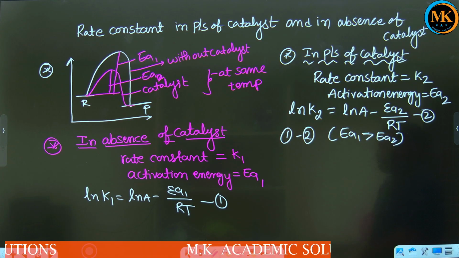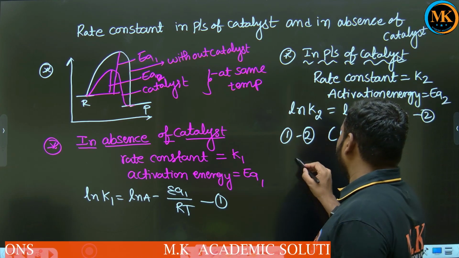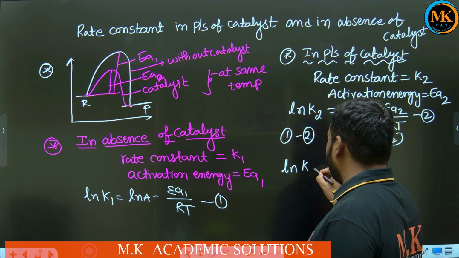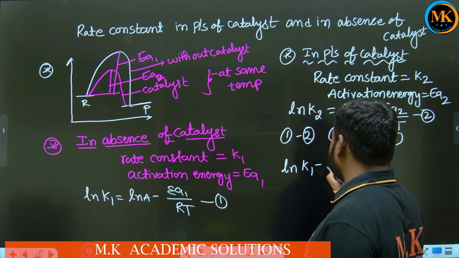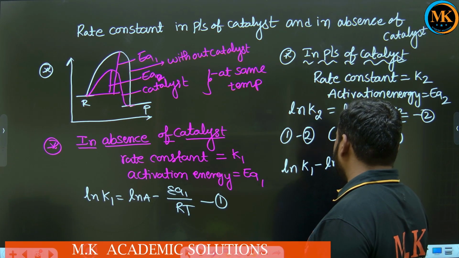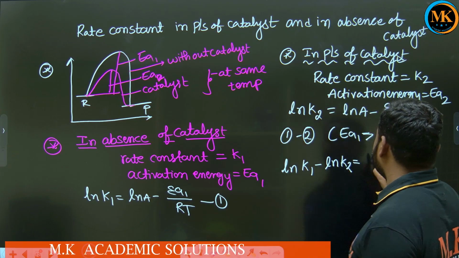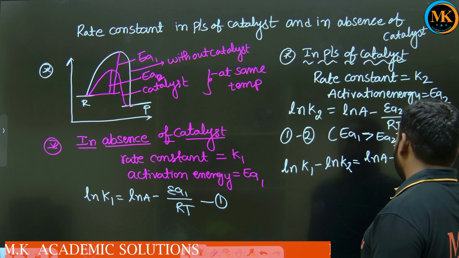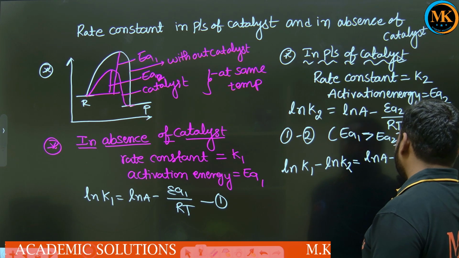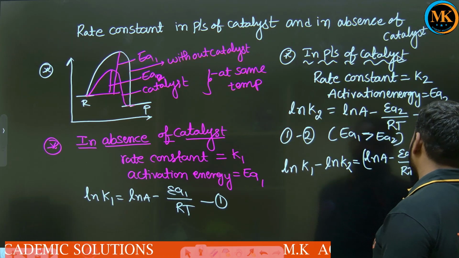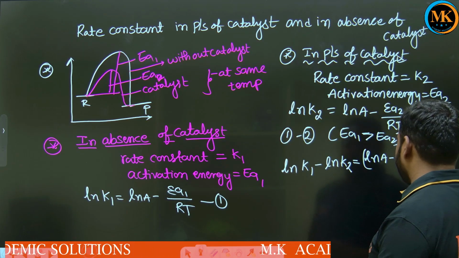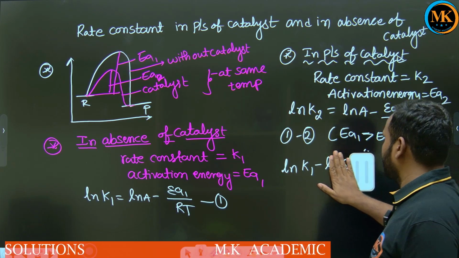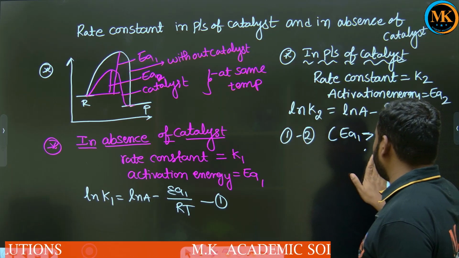So therefore ln K1 minus ln K2 equal to ln A minus EA1 by RT minus... or else you just consider it in the next page. Next page we will take this one.